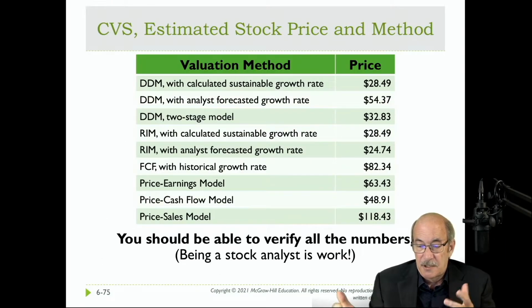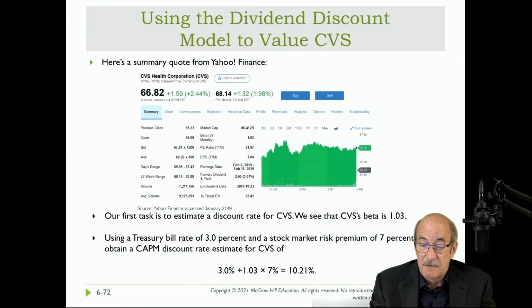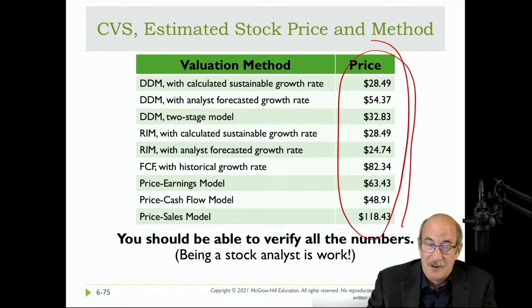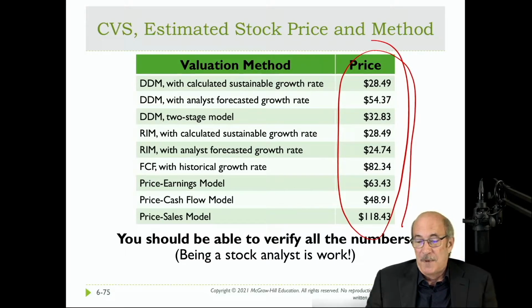I'm going to cut to the chase. You see they run through the various models, both intrinsic and relative. What was our original, I forget what we're at, $66.82 in the market. They were using real world data and plugging into these various models.